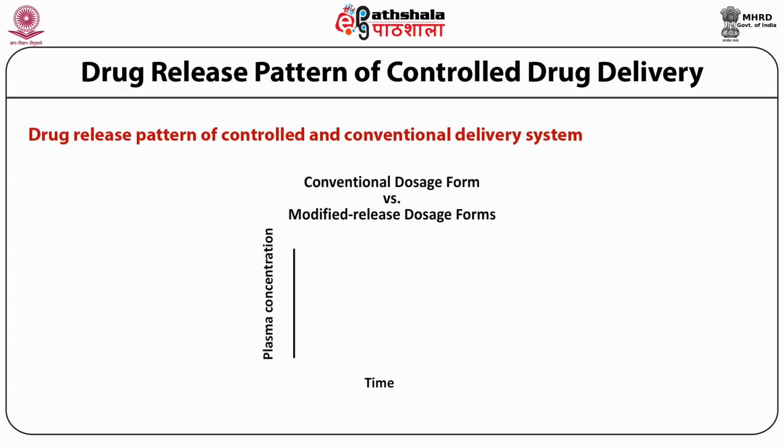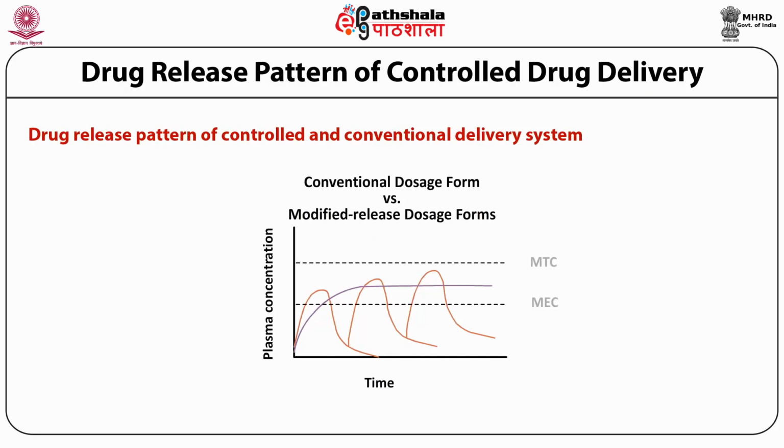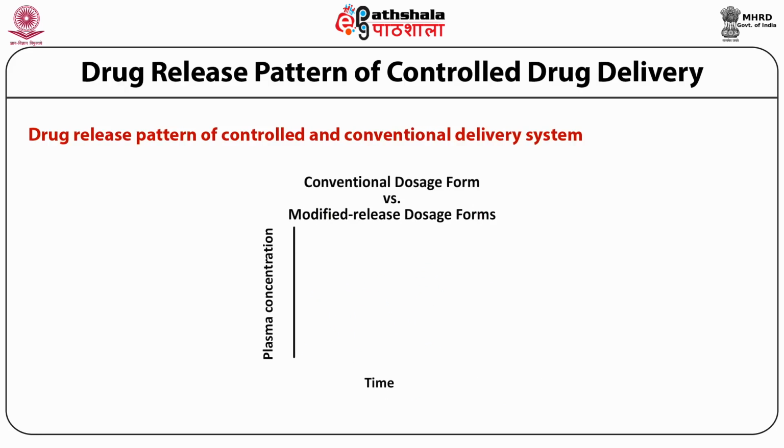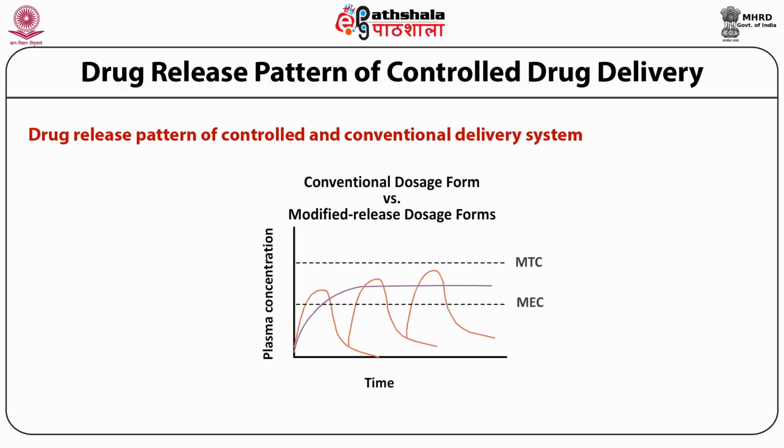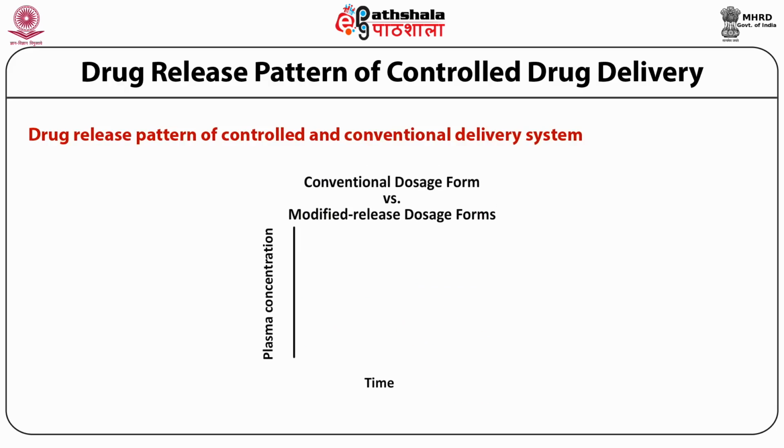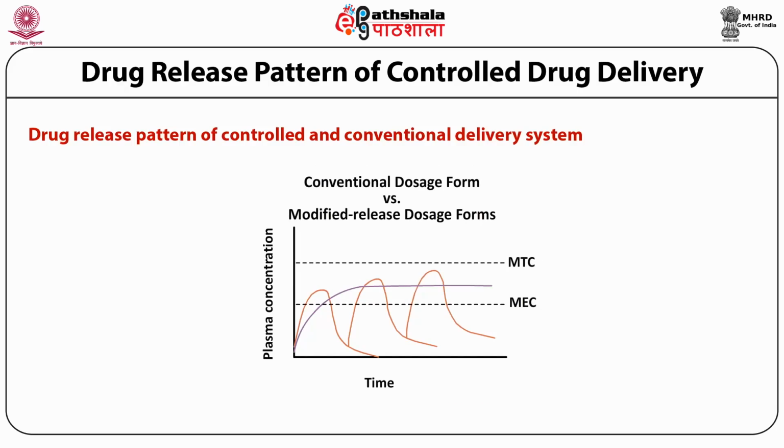My dear students, the figure in front of you is just a depiction of the drug release pattern of a controlled drug delivery system and a conventional drug delivery system. You have the plasma drug concentration on the y-axis, while on the x-axis you have the time component. The dotted lines, the lower one shows the minimum effective concentration, while the top one shows the maximum toxic concentration.